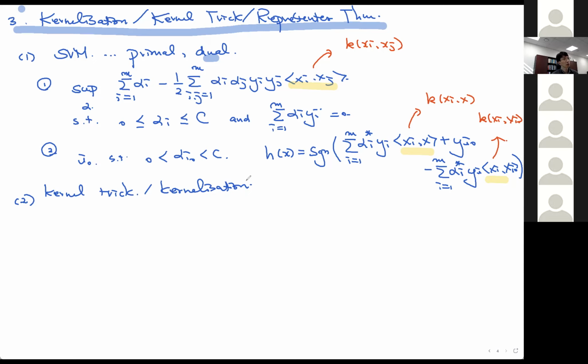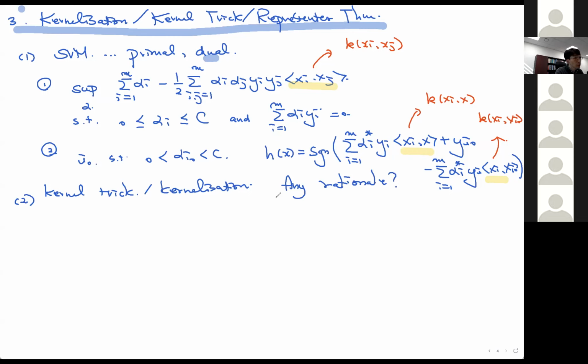So can we say something similar for this new algorithm derived with the kernel? Are there any principles, or rationale? And the answer is yes.